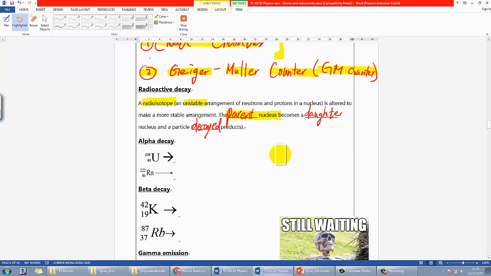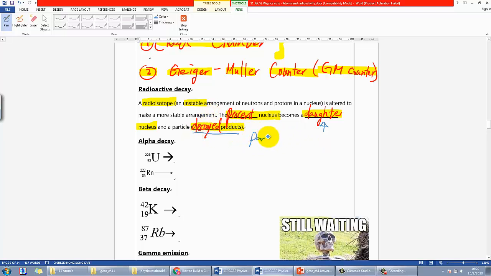Again, it's just a name, and it will become 2 things. One is called the daughter nucleus and the other the decay product. Don't ask me why it is daughter nucleus and not son nucleus. I really don't know why, but that's the name people defined.